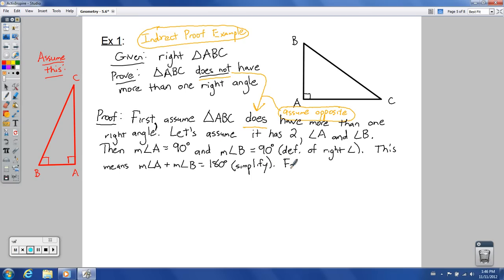And we also know that triangle sum theorem from before. You add up the three angles in a triangle, it adds up to 180. That's supposed to be the case.